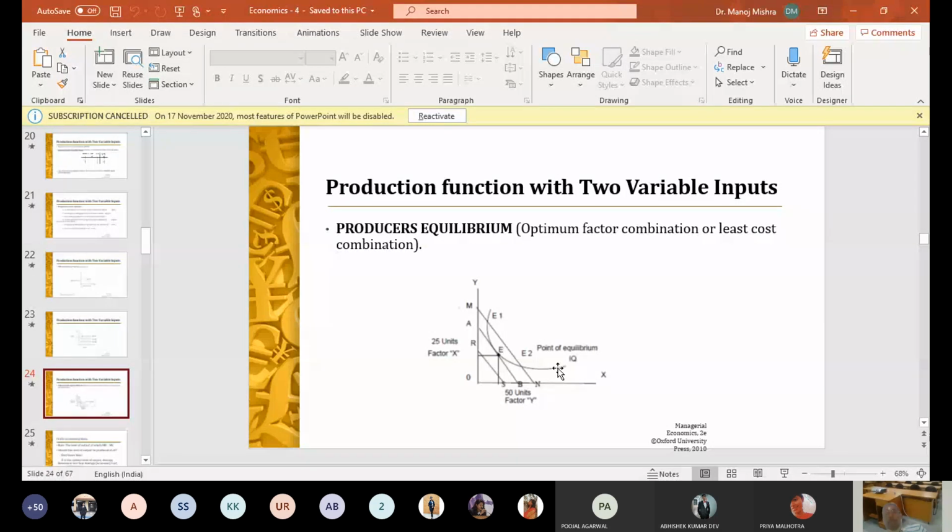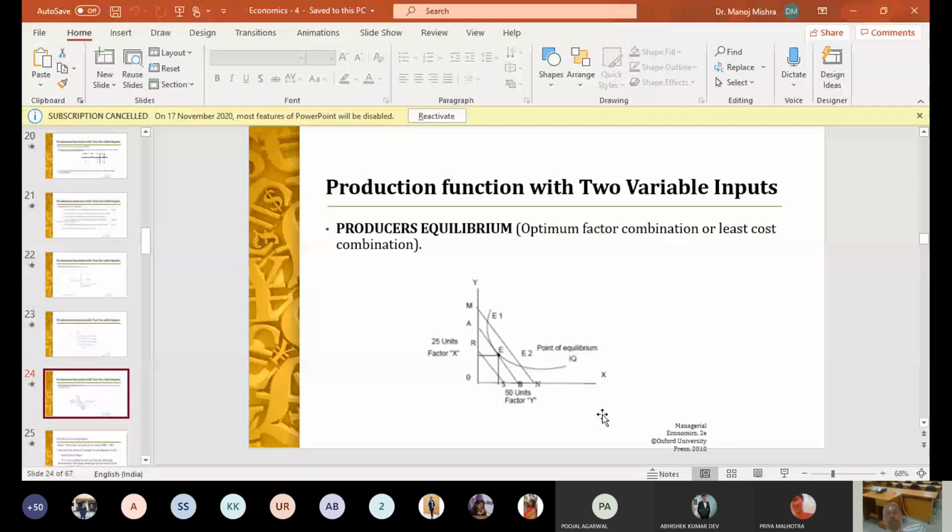So at this point, the quantity would be the same as on E1 and E2, but the cost would be for AB. At the other points E1 and E2, the cost will increase to MN. So these costs will be more. So minimum cost will be at the point E, which is your producer's equilibrium.